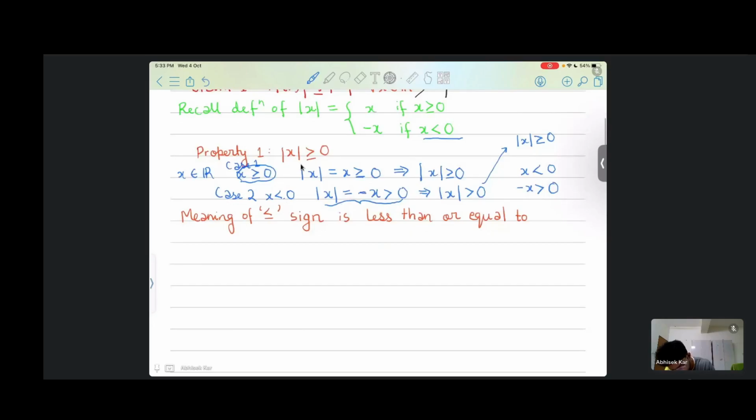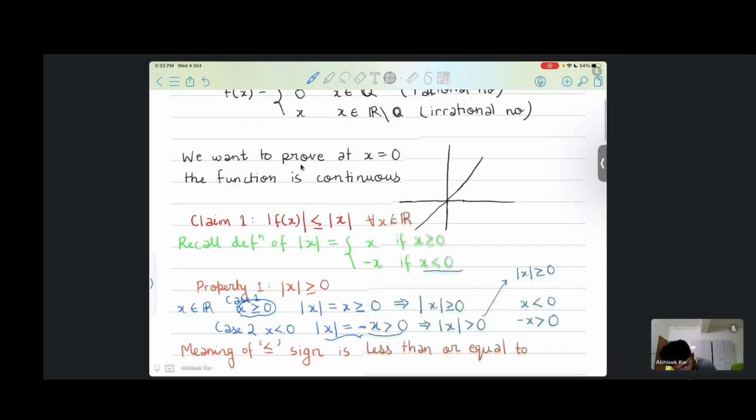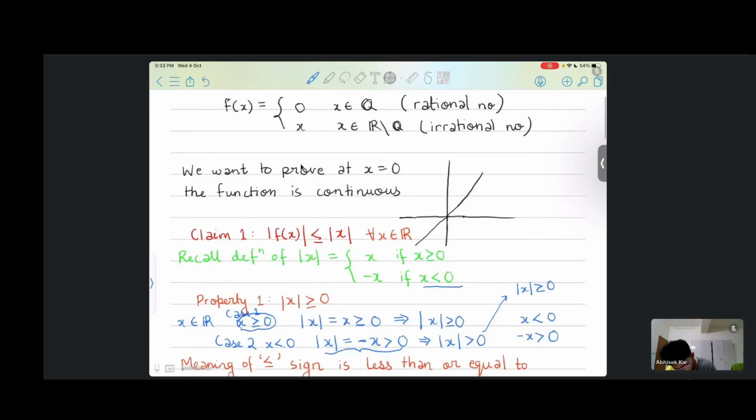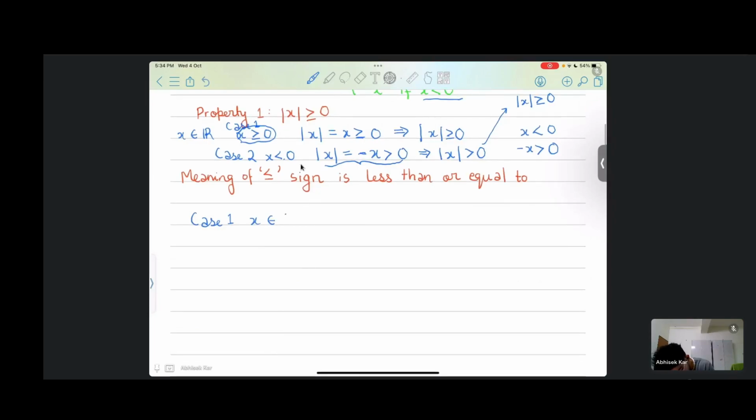Before doing the proof, here also we need to take cases, because the definition of f(x) depends on whether x is rational or x is irrational. So let's take case 1: x is rational. What do I want to prove?